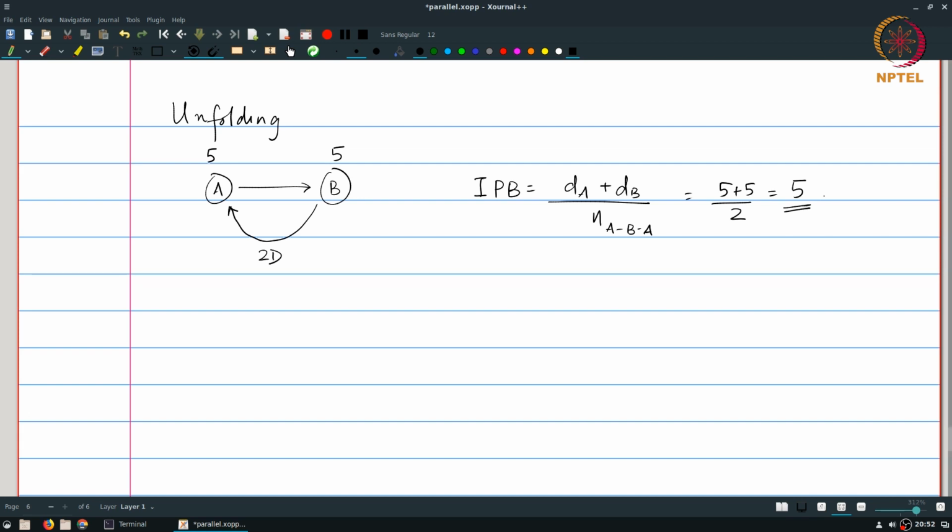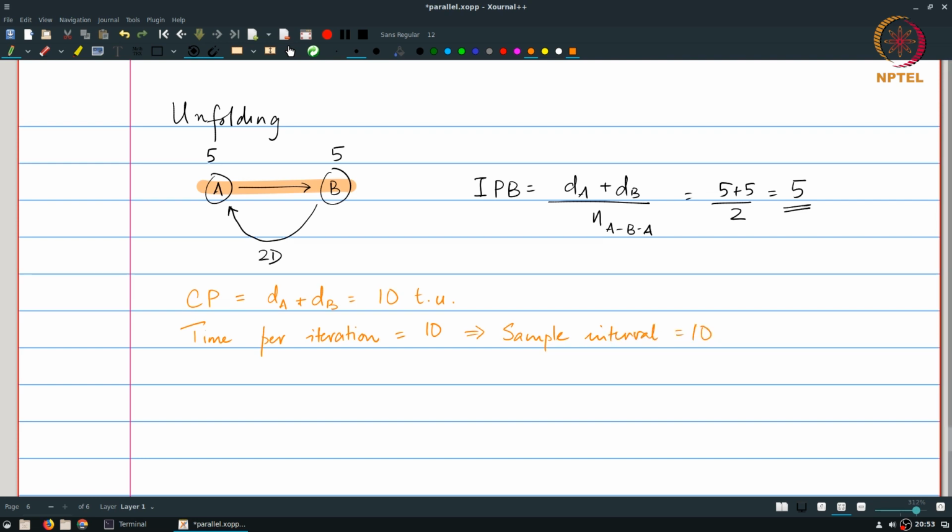Ideally, we should be able to process one sample through this particular data flow graph once in every 5 time units. On the other hand, the critical path of this structure that I have drawn over here essentially goes through the path A to B. And what that means is that the critical path is equal to the delay of A plus the delay of B, which is equal to 10 time units, which means that the time per iteration, if I directly implement this way, is going to be 10, which means that the sample interval is also going to be 10 time units.